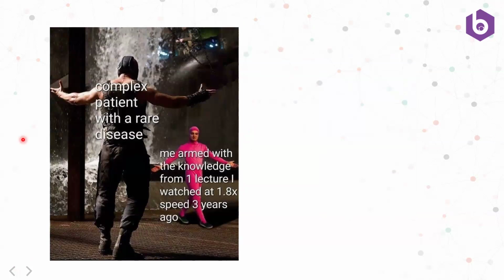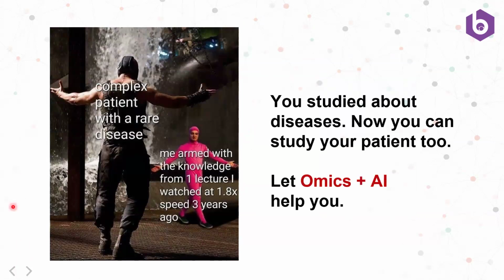Earlier you would have limited knowledge, even on the internet, of how the person would behave and what literature is available for that disease. You don't have to do that anymore, because you spent all this time studying diseases, every mechanism, every diagnosis possible. Now you can study your patient and prescribe treatments that will actually help them.